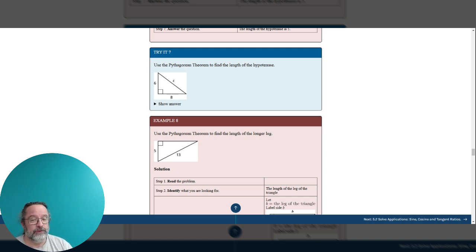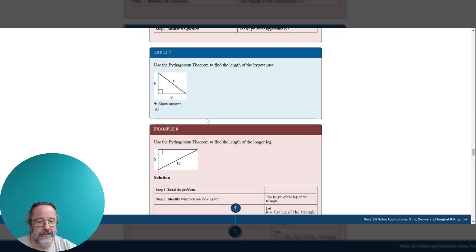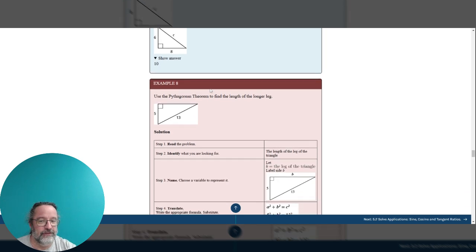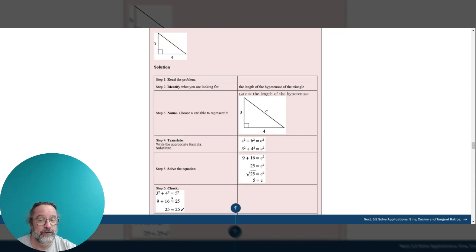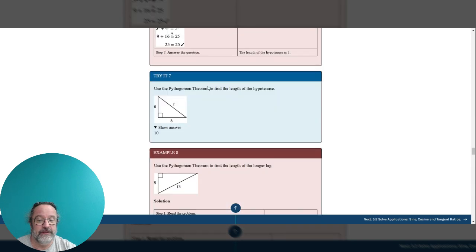So c squared equals 100. Square root of 100, 10. You see these two examples are similar triangles because the ratio of the lengths of their sides in every case is 2. Just wanted to point that out.